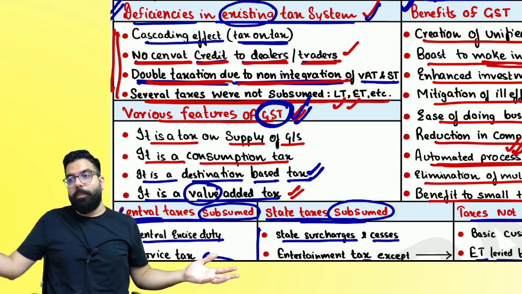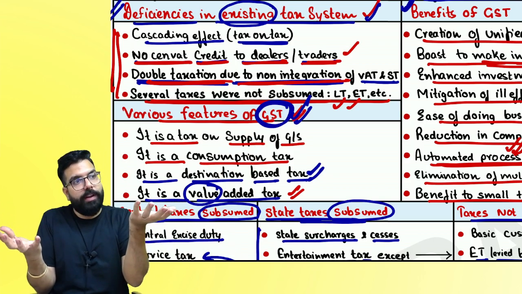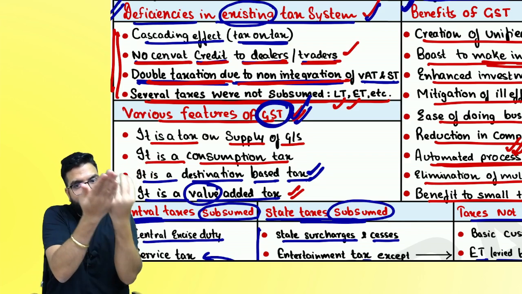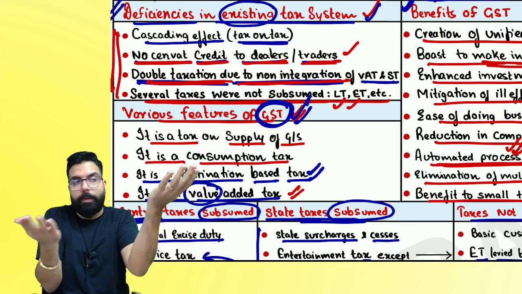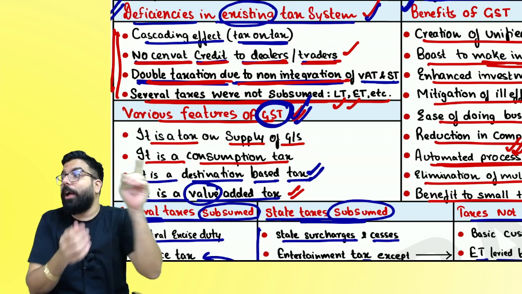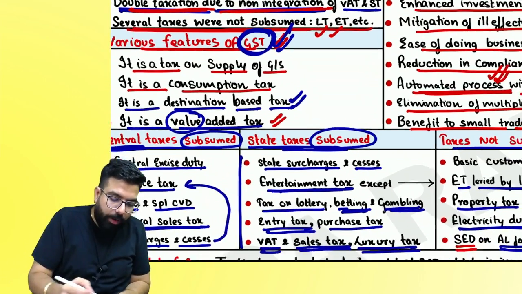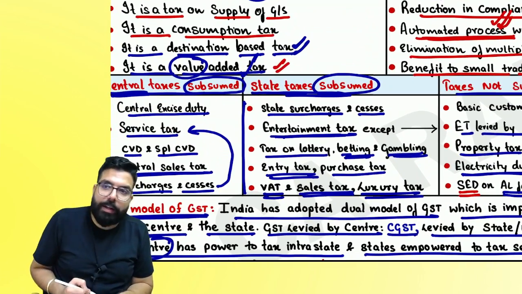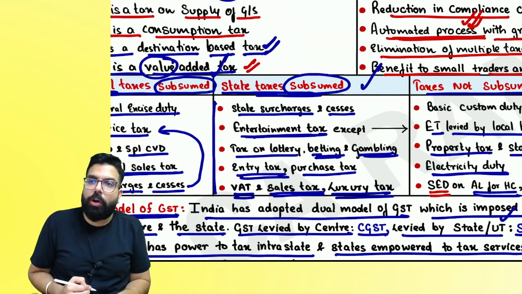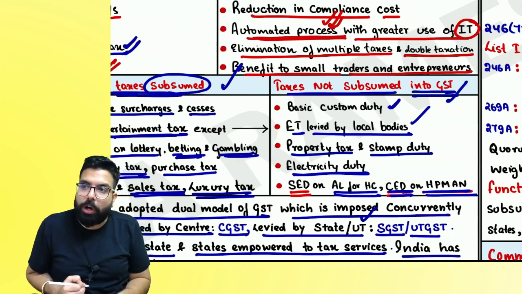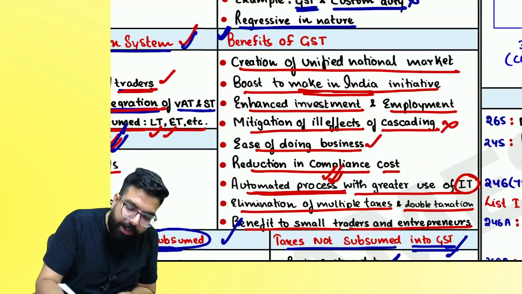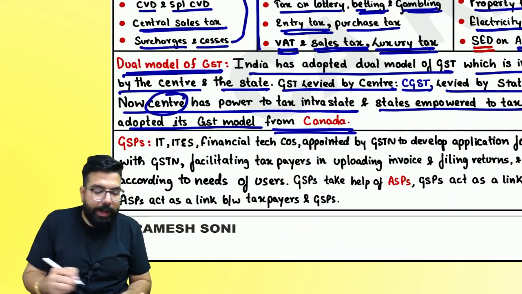Now you buy also GST, you sell also GST, you set off also GST, balance also GST. So output and input can be set off and there will be no cascading effect. Then we learned about the central taxes subsumed, state taxes gone, taxes which are not gone. Then we learned about the various benefits, and then I told you the dual model.